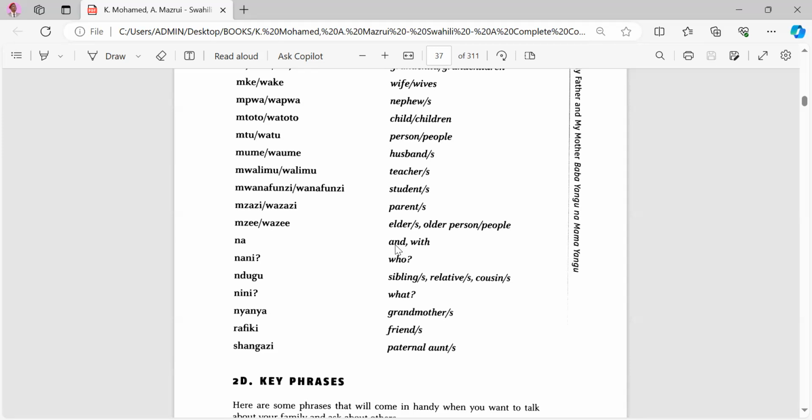So I can ask you, can you go buy Nyanya? Which means go buy tomatoes. Nyanya in this case means grandmother. Don't go buy grandmother, go buy tomatoes.